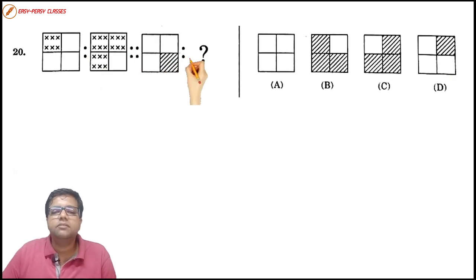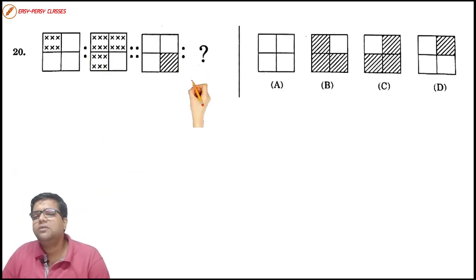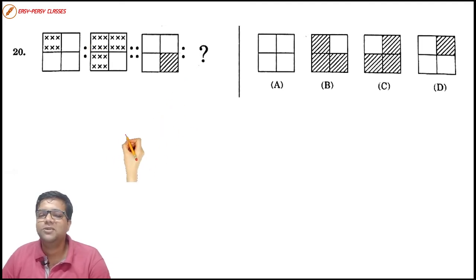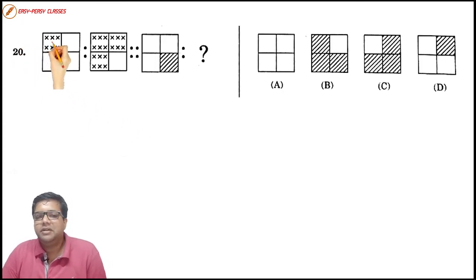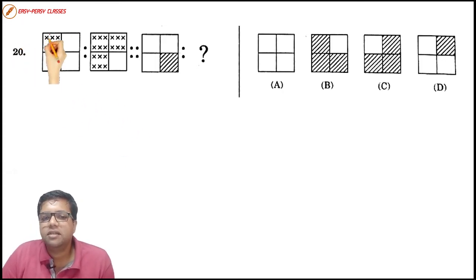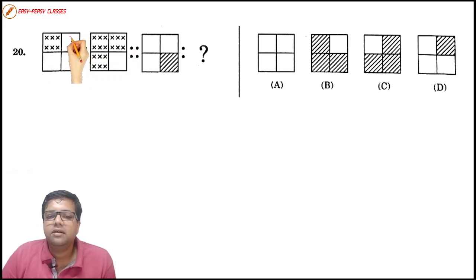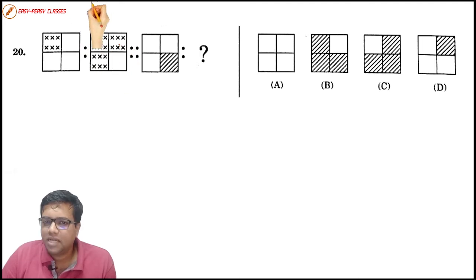So question number 20, moving on further, I can give you a very good example for this, for a better understanding. Here there are certain kinds of germs in one box that got multiplied to the neighboring boxes. That is the logic over here.